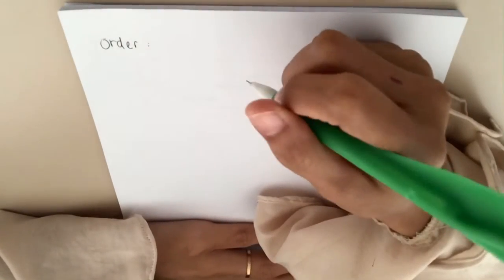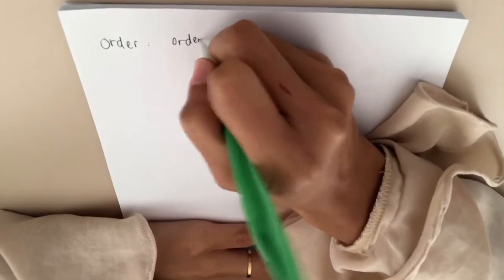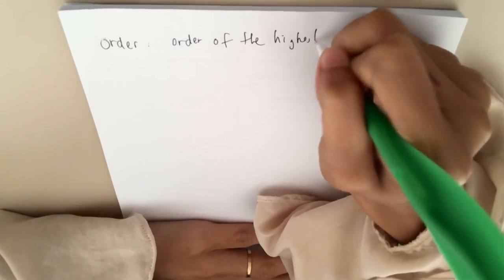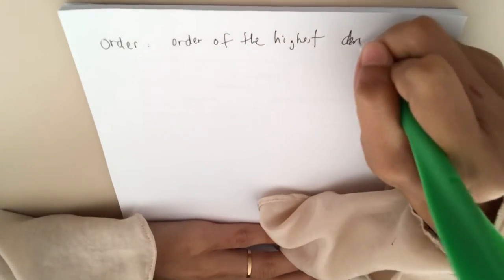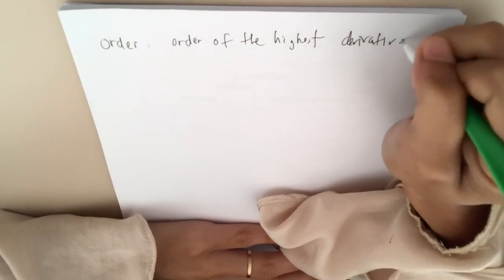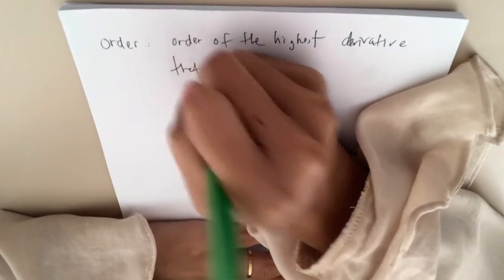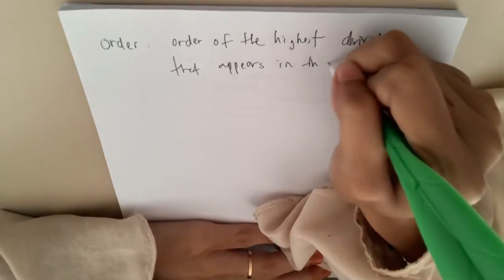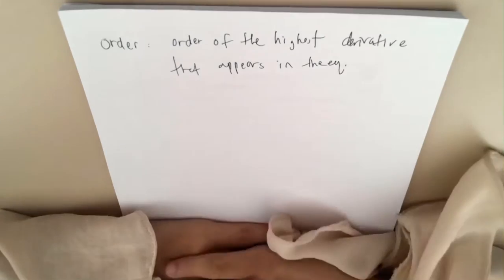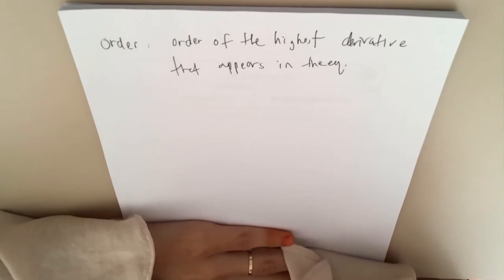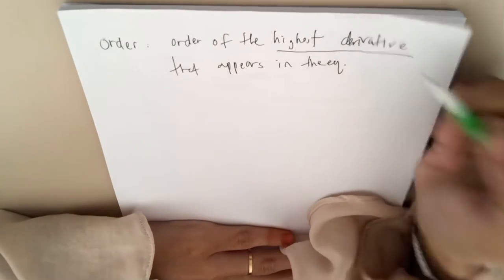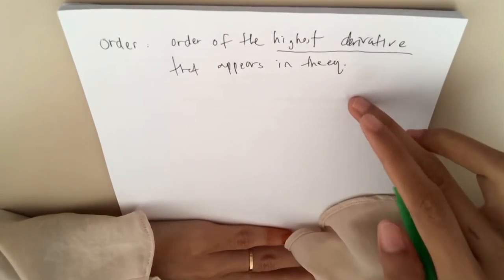The order of the differential equation is the order of the highest derivative that appears in the equation. So what we mean by order here is the order of the highest derivative. The keyword here is the highest derivative that appears in the equation.